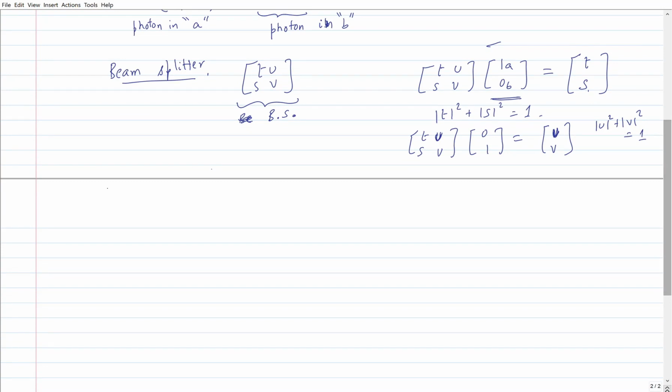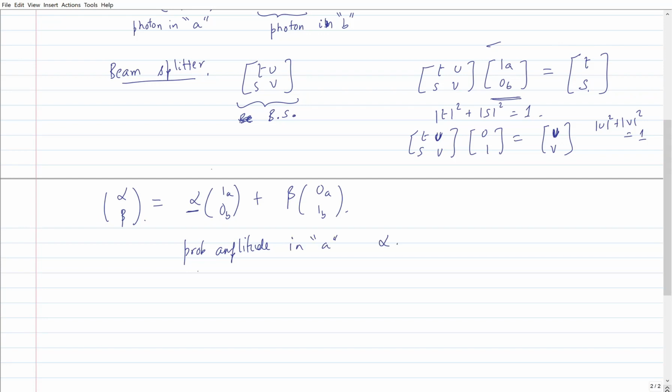Any particular state of the photon, alpha, beta, I'm just removing the subscripts A and B. I won't be using them many times, but that essentially means that the probability amplitude, which is a complex number, of finding the photon in the A port or the A path is alpha, and the probability amplitude in B is beta.